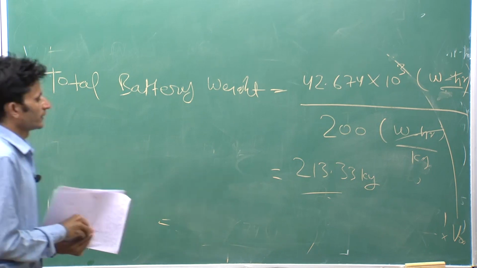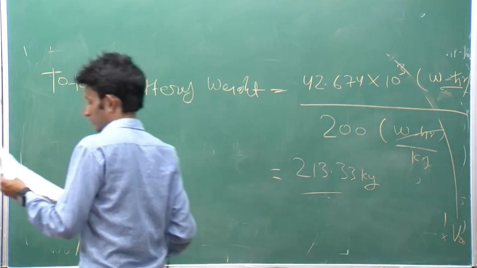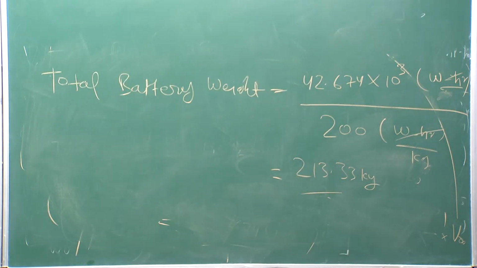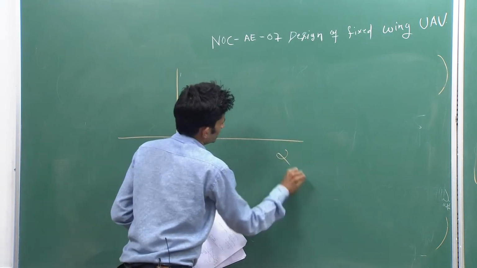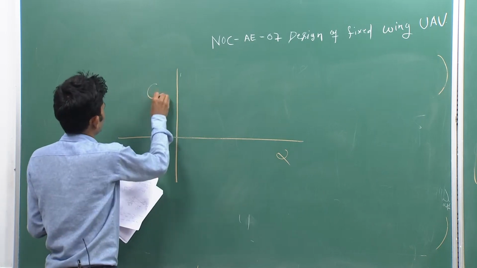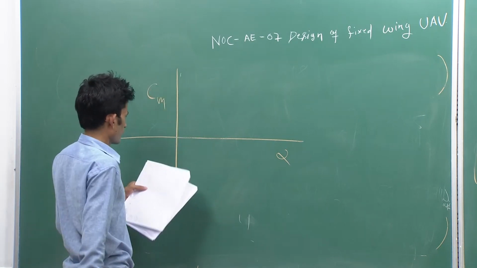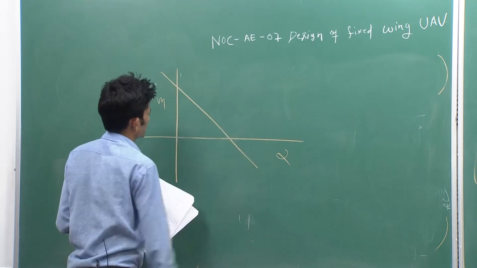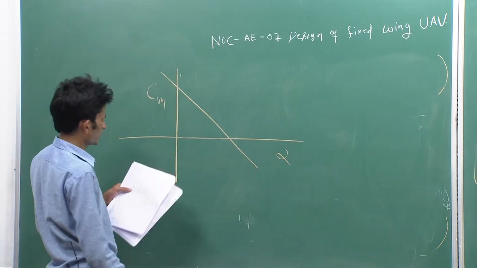So in the fifth question, what is the necessary condition of the stable UAV? Sir already explained to you about the longitudinal stability, the significance of Cm naught and Cm alpha. From this diagram, if the angle of attack is on the x axis and the pitching moment coefficient is on the y axis, this is your Cm versus alpha graph for the stable UAV.